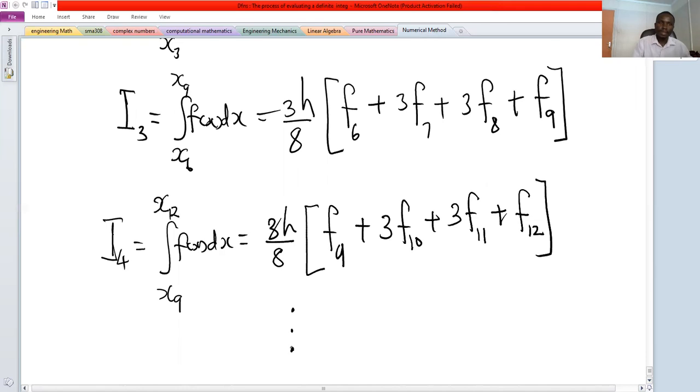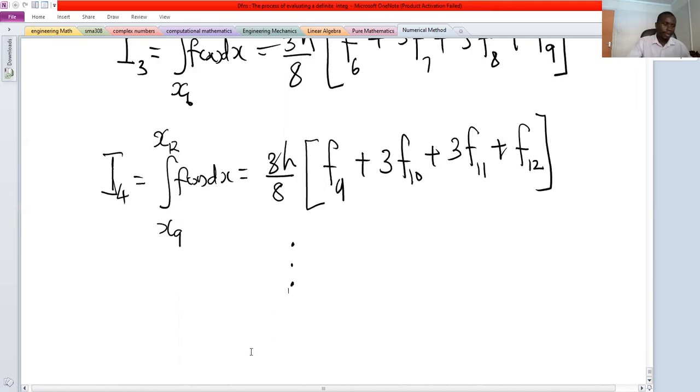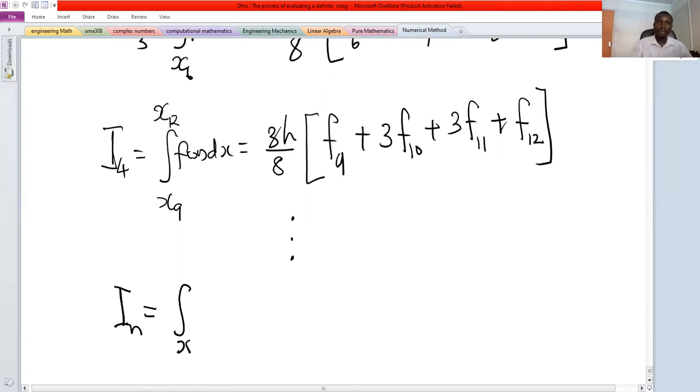This continues up to the last integration, because you see these subscripts are always divisible by 3. So we'll have the integral from x sub 3n minus 3 up to x sub 3n of f of x dx.